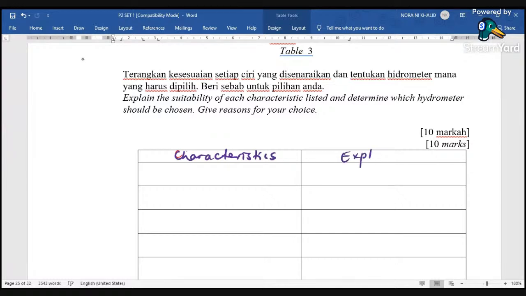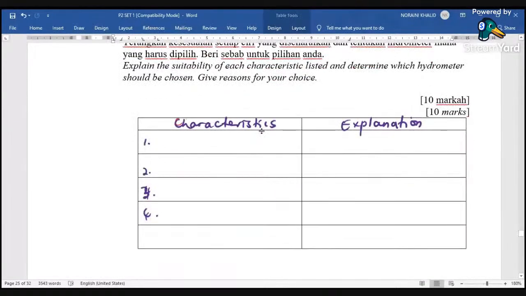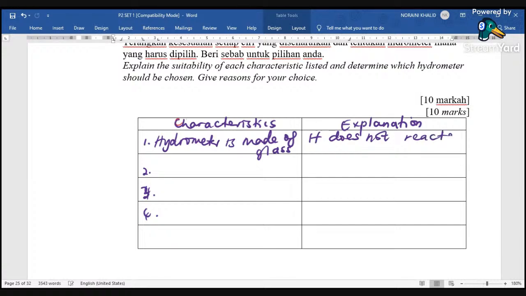Explanation. Okay, first 4 points. First about material used. Material of hydrometer is made of glass. Okay, it does not react with liquid.